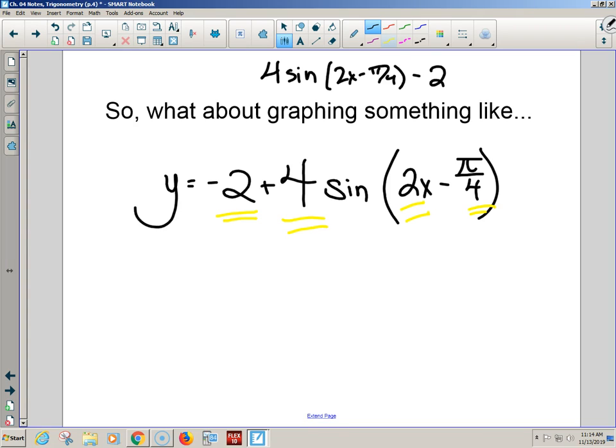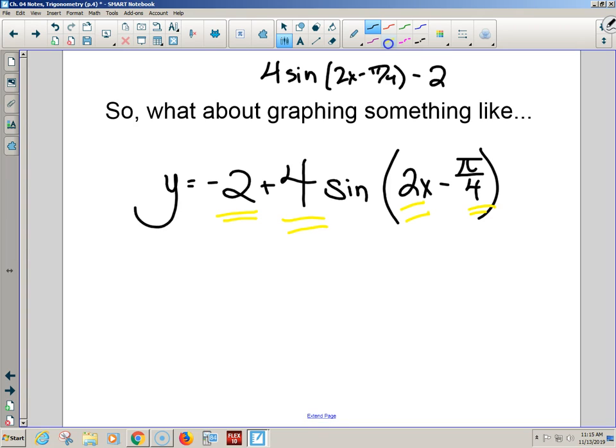Make sure you're in radian mode, because this is a pi over 4. They're not talking about degrees shifting. They're talking about radians shifting. I don't mind if you throw it in your calculator. My question is, once you throw it in the calculator, how could you graph it precisely, showing me exactly all 5 of the key points? Because that's what I'm going to be grading if you got all 5 of the key points in the right spot. In radians, not in decimals.